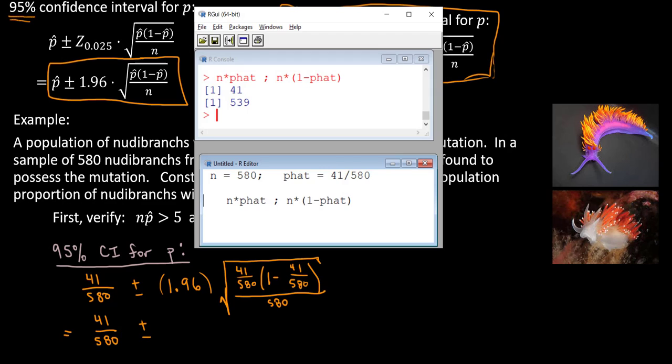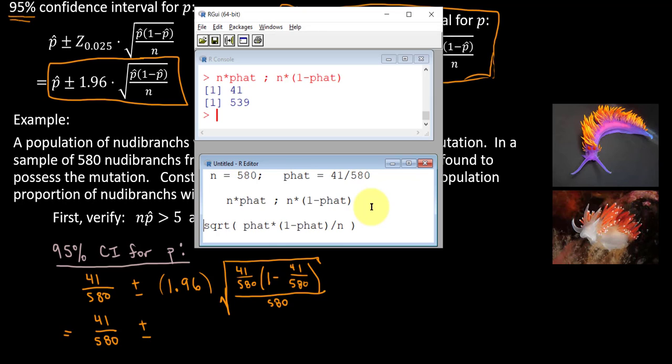Let's check it out. So I'm going to type the square root quantity first, which is the standard error. And because I've defined p hat, I can just type p hat times 1 minus p hat and divided by n. So that is all in the square root there.